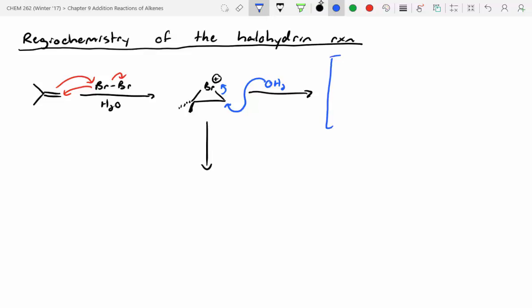Or sorry, the transition state. Where water is starting to form a covalent bond here. And when we do this, it's important to remember that bromine's now got a partial positive and oxygen's got a partial positive down here.